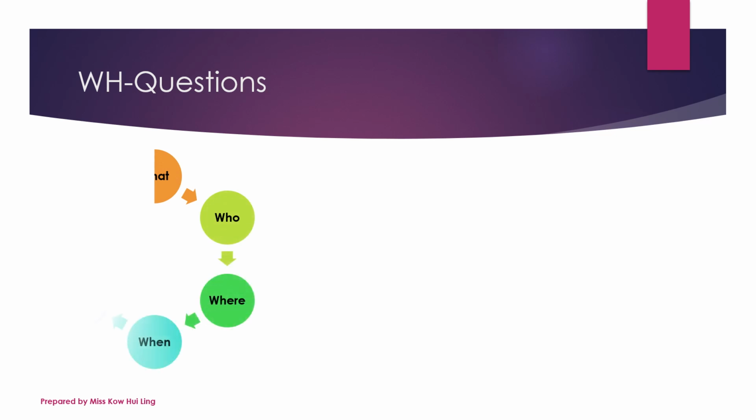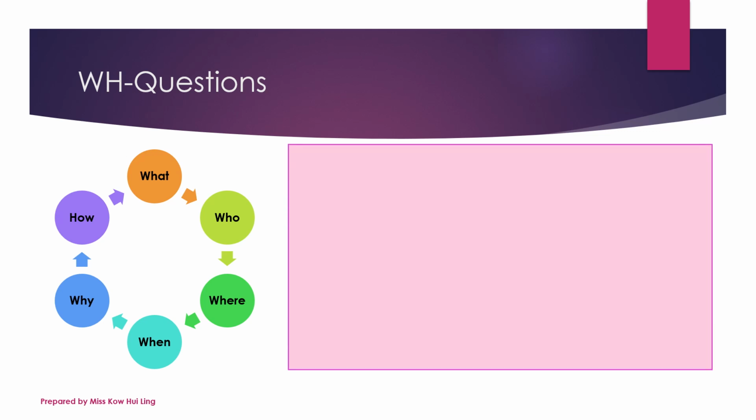I am sure that you are familiar with the what, who, where, when, why, and how. It is important to include WH questions when writing our essay. It helps us to think of what else we can include in our essay.